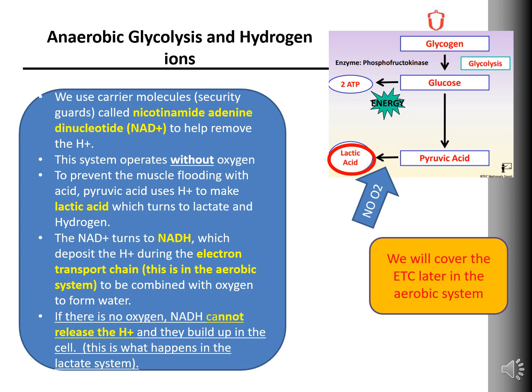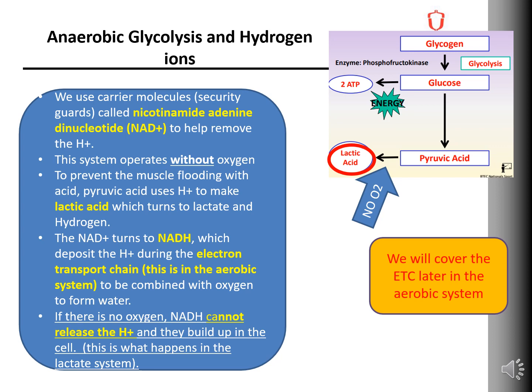Further to what I have just discussed, if we look all the way down, we have created lactic acid, and that's due to not having any oxygen in this whole process. We use carrier molecules called NAD plus to help remove the hydrogen.